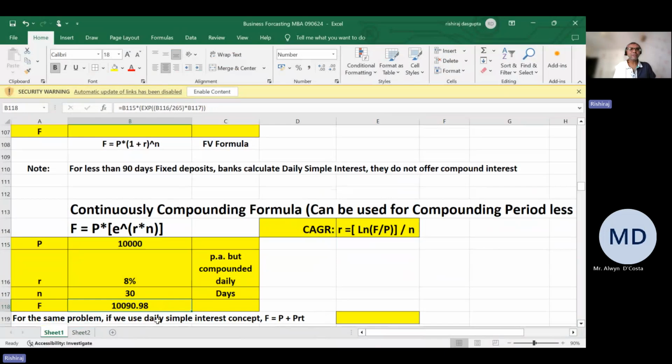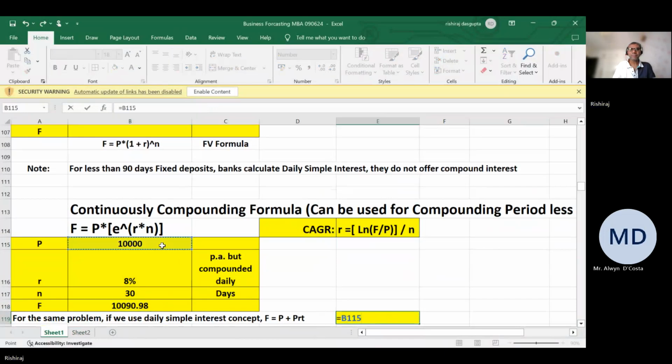Now for the same problem, if I use daily simple interest, P plus PRT, that is 10,000 plus PRT, where 10,000 into R is 8% by 365, daily simple interest, into T is 30 days. So P plus PRT, simple interest is added.